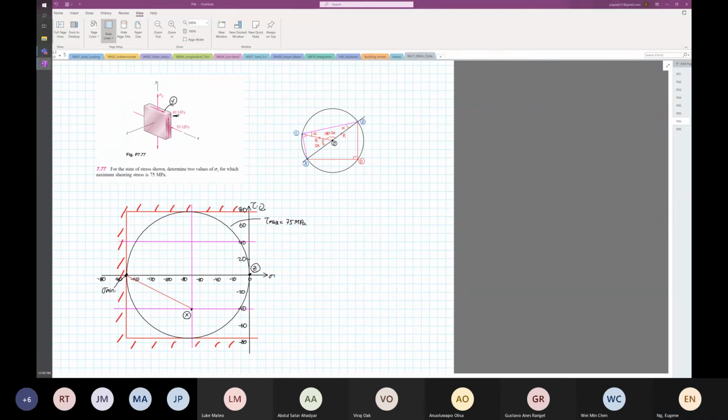We are constructing a smaller circle now. So I'm going to copy this line, paste it, and then rotate by 90 degrees. So over here now, I'm going to put it at this point, and this has to be 90 degrees.